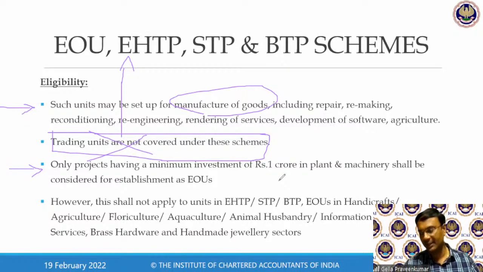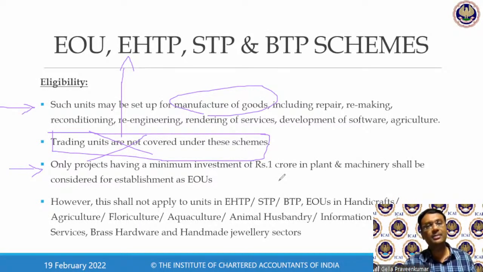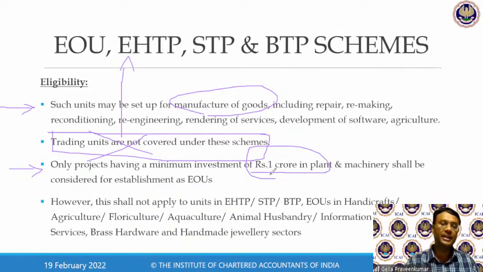Next. Those projects where a minimum investment of 1 crore in plant and machinery is required, they say, please get into these schemes. Initially, when the government came with the schemes, whenever the ministry comes with a notification, they wanted to give a try with the bigger establishments. So only those establishments with the bandwidth of 1 crore investment were permitted.